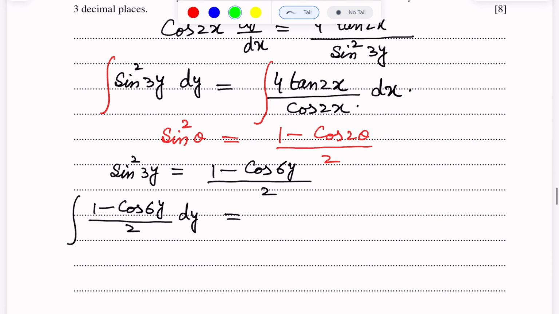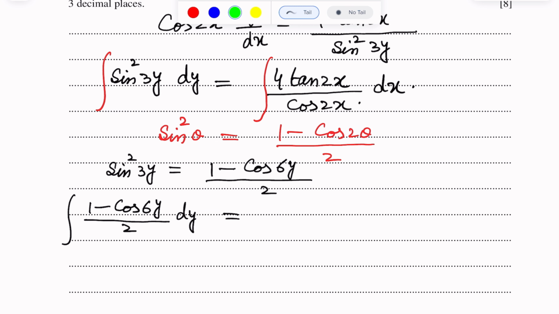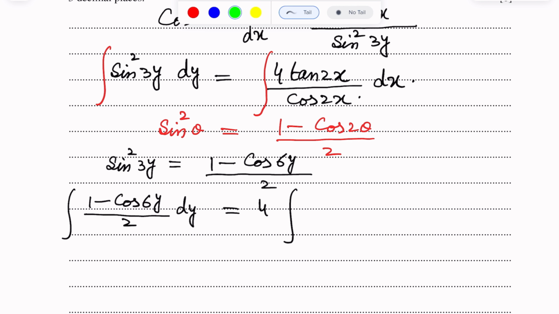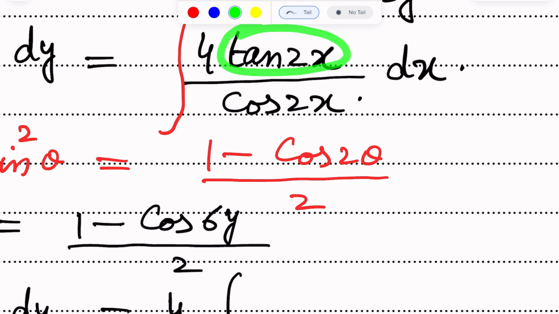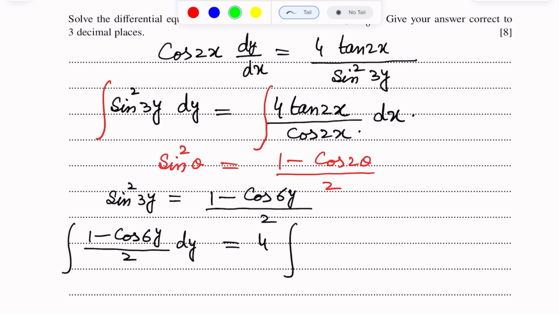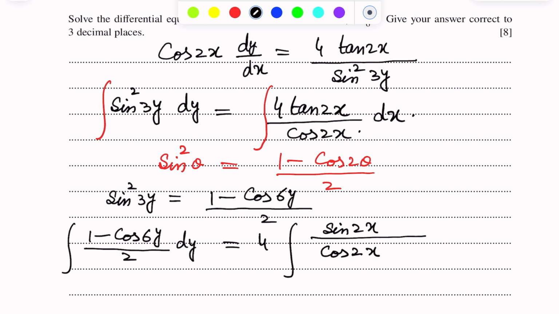We can write it outside the integral sign. 4 integration of tan 2x, which will be sine 2x over cos 2x. This is tan 2x, but cos 2x is already in the denominator.